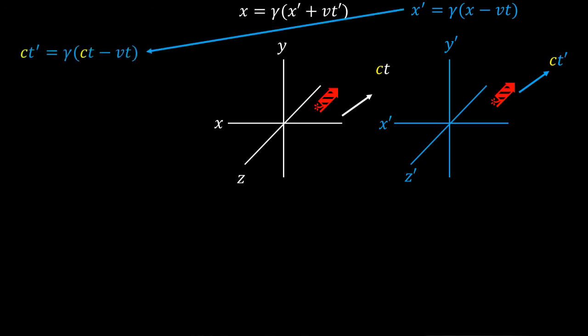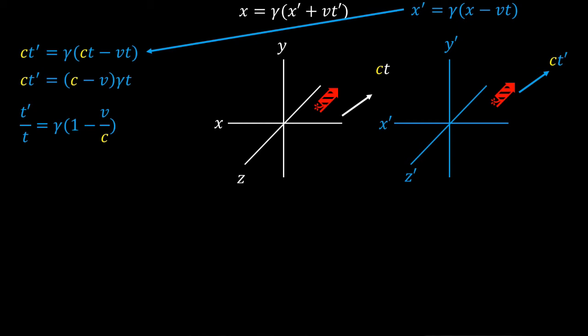Thus, beginning with our spaceship's reference frame blue equation, we can see that ct prime equals gamma open brackets ct minus vt close brackets, or ct prime equals c minus v all times gamma t, or t prime divided by t equals gamma times open brackets 1 minus v divided by c close brackets.